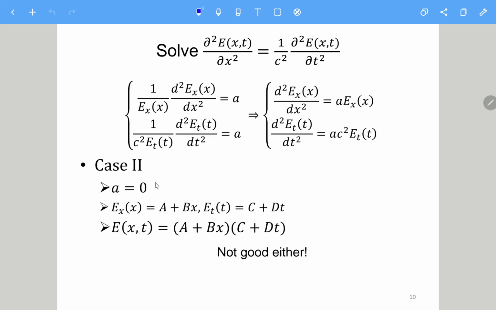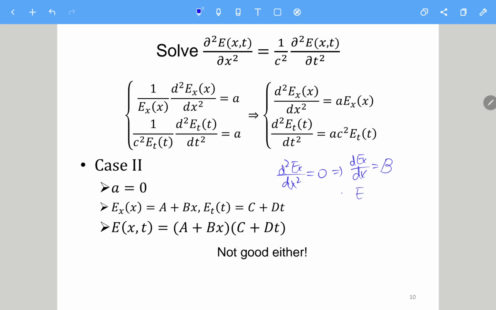Similarly, if a is equal to 0, then the right side will be 0, which means the second derivative of E_x is just 0. So you integrate two times. Integrate once, it becomes the first derivative, which will be a constant, let's say b, and then you integrate again.